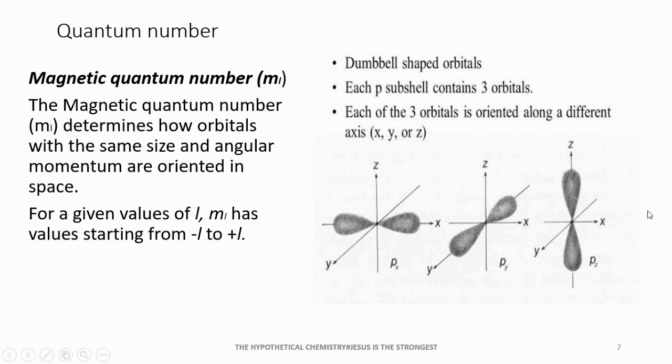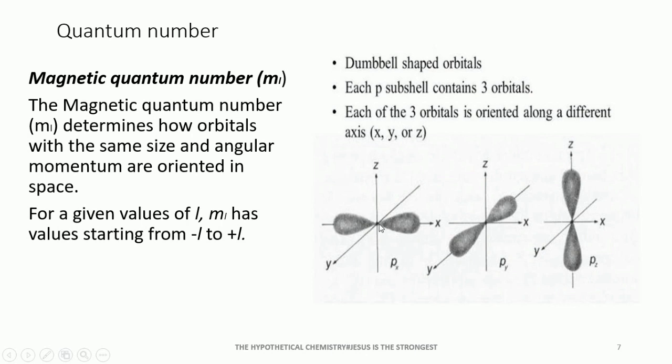So we have the p subshell here, which is dumbbell in shape, and we have three orbitals within a p subshell. Each of the three orbitals is oriented along a different axis, specifically the x, y, and z axes. Looking at this one here, the dumbbell shape of the p orbital is oriented on the x axis, so we term this the px orbital.